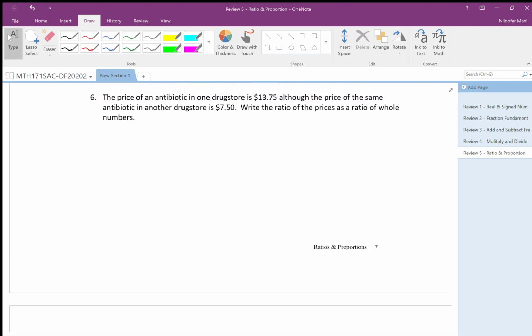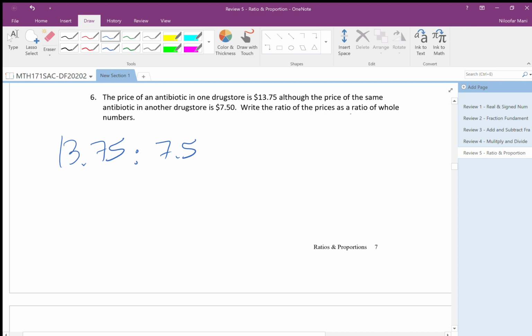Okay. So the price of an antibiotic in one drugstore is this, although the price of the same in another drugstore is this. What is the ratio of the price? Ratio of whole numbers. Okay, so dollar, yes, the same unit. So it's 13.75 compared to 7.5.